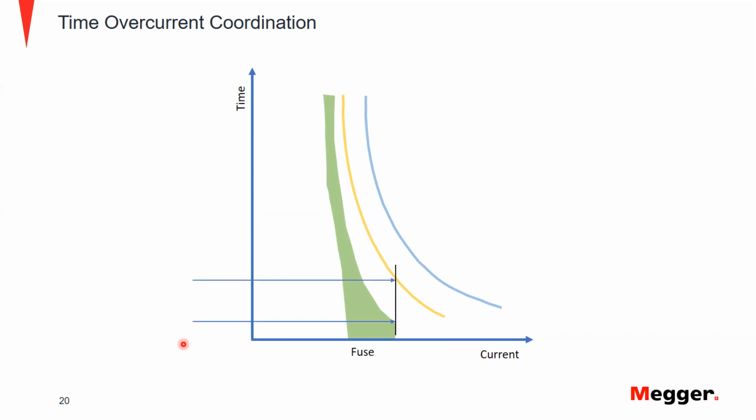What we need to do is make sure that our fuse coordinates with the main breaker or with our feeder breaker, right? Because if our feeder breaker operates before our fuse melts, then there was no point in even having the fuse there anyway. And two, you're going to take out more customers than you need to. It's a good rule of thumb to look at multiple good literature and experience.